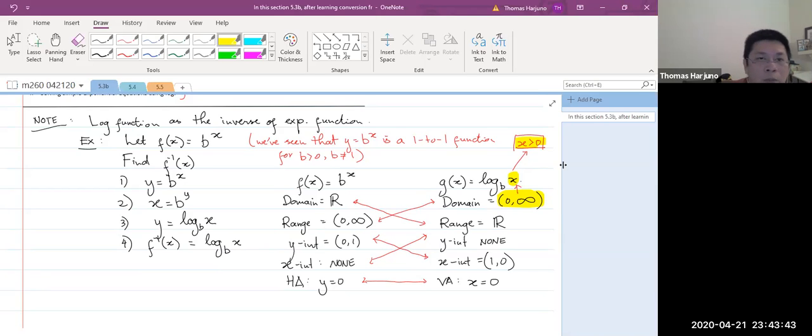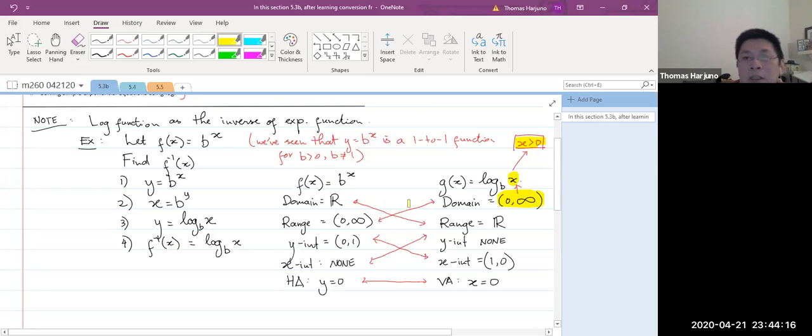We will be able to answer the question for the inverse of exponential functions. Actually, I can add to that: we can find the asymptote for any log function later on. And second, later on, we will be able to sketch the graph of a logarithmic function. I think for today, we will spend most of our time on this part here.